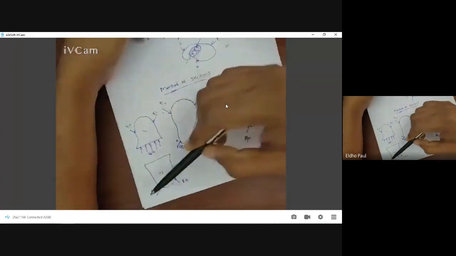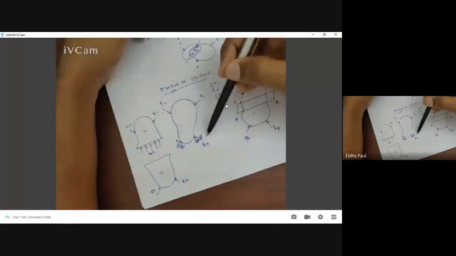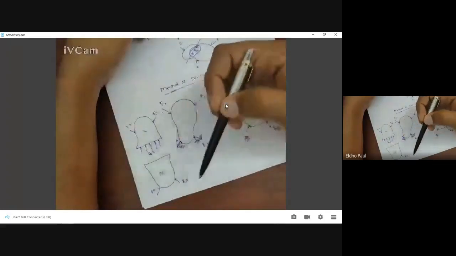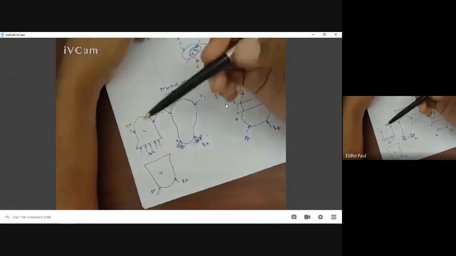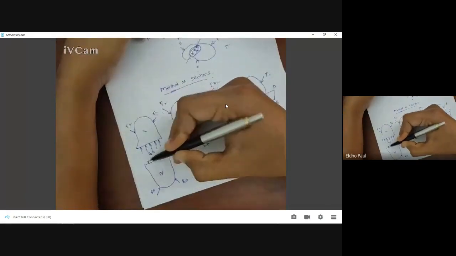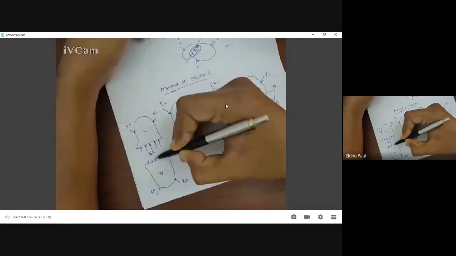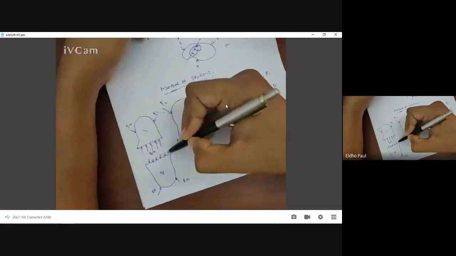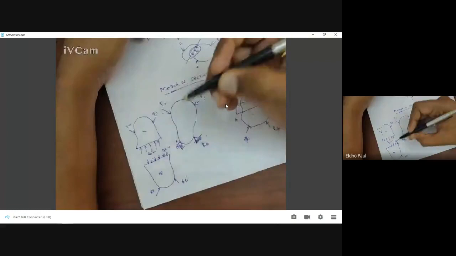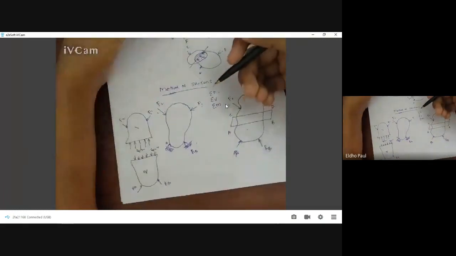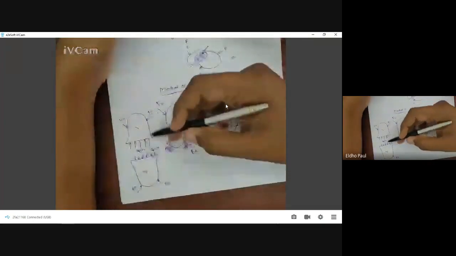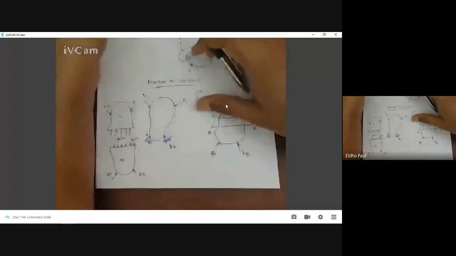Here we can see RA and RB, the two reactive forces offered by the support, are also unbalanced forces. So to maintain the equilibrium of this part 2, some reactive internal forces develop across this cut section. This is Ri1, this is Ri2. So these two are the internal forces.